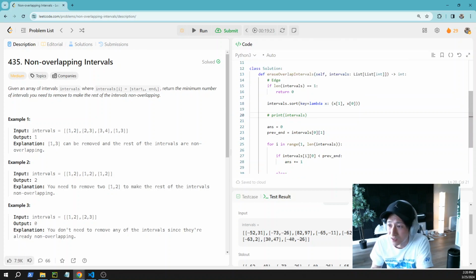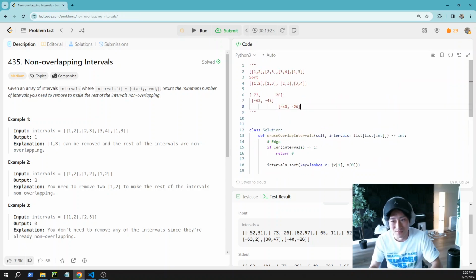So it's logical to sort the given intervals by ending in ascending order, so that we can minimize the overlap of the current start with the previous ending. It's not really convincing to me, but basically this is the solution.